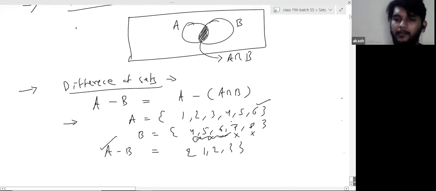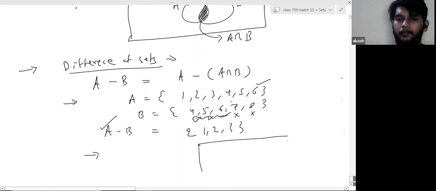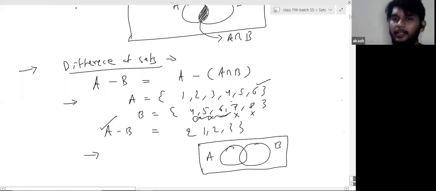So how to represent this in a Venn diagram? This is A and this is B. Only the area which is of A individually, B should not have any participation in that.